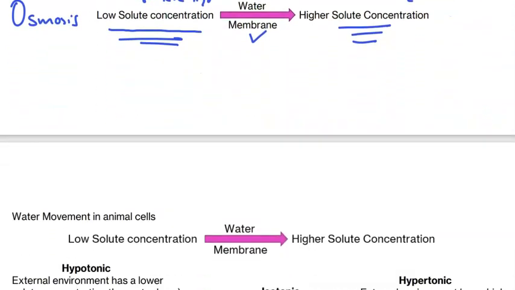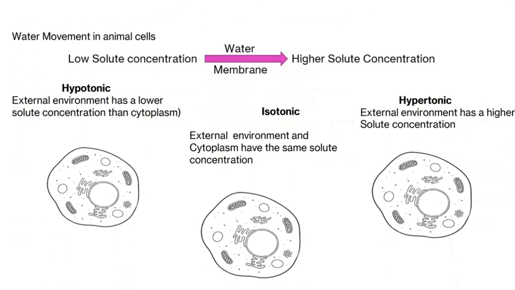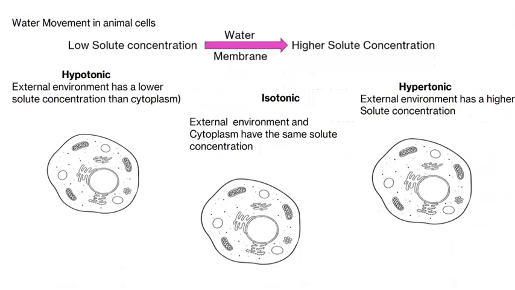Taking that idea forward, let's introduce you to three phrases: hypotonic, isotonic, and hypertonic. Now these words refer to the external solution. I've copied out the rule for osmosis here, so we're going to apply that now.